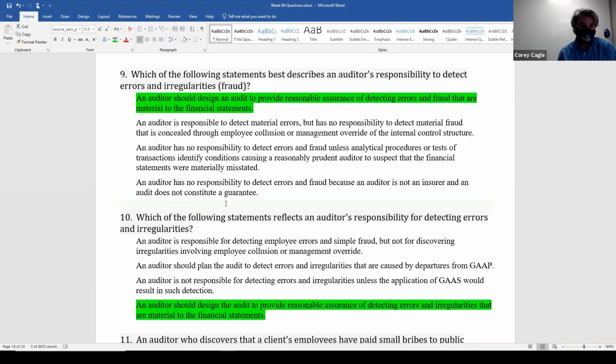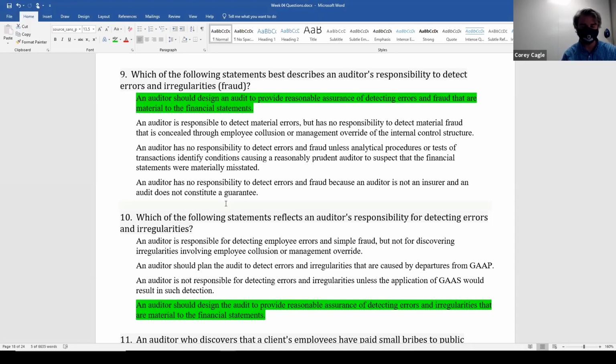But know that by heart. That's very important. Yeah, it shows up over and over, asked different ways, and sometimes asked exactly the same way. As long as you just memorize the auditor's responsibility there.